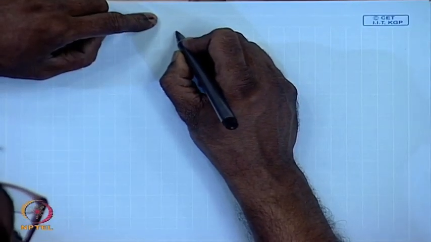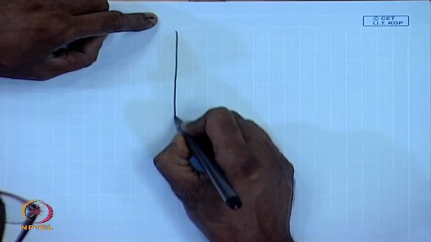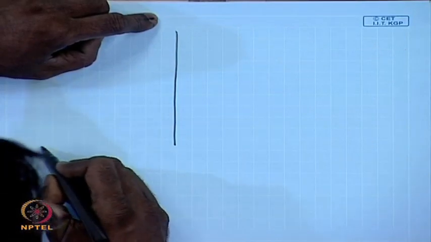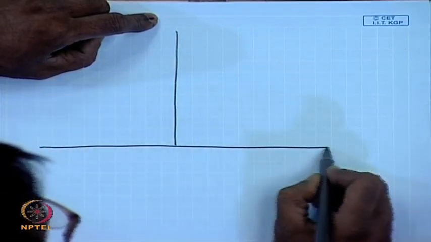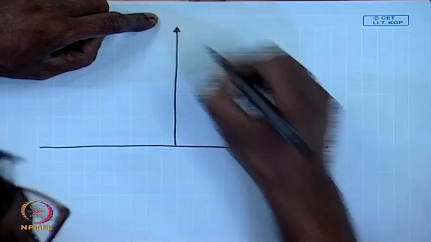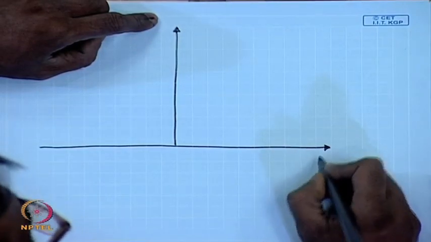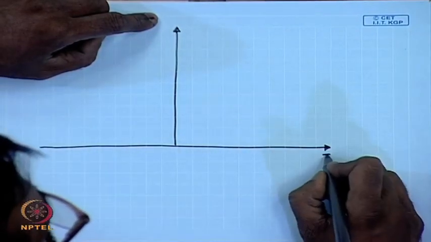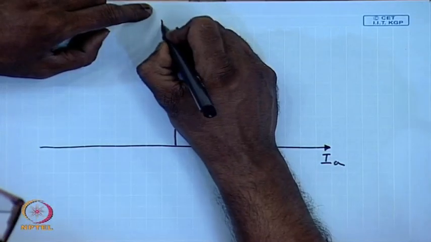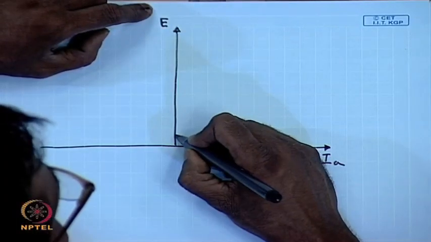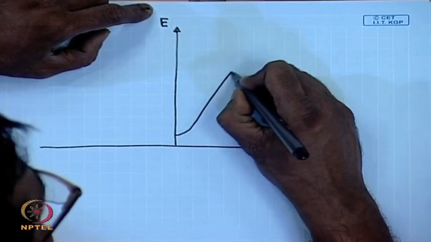Suppose we have a DC series machine whose OCC is given by this curve.